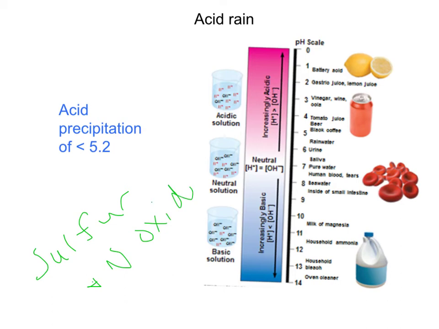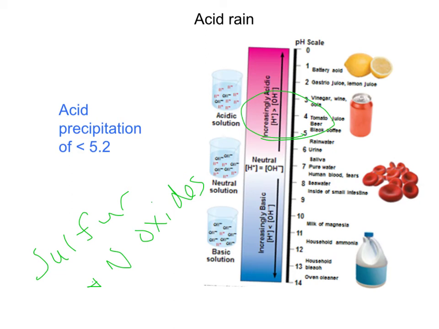And these sulfur and nitrogen oxides are going to react in the air with the air that's in the atmosphere, and they are going to form acids. And when these acids are formed in the air, those acids will come down as precipitation. Essentially the sulfur and nitrogen oxides that have been released in the air produce these acids.